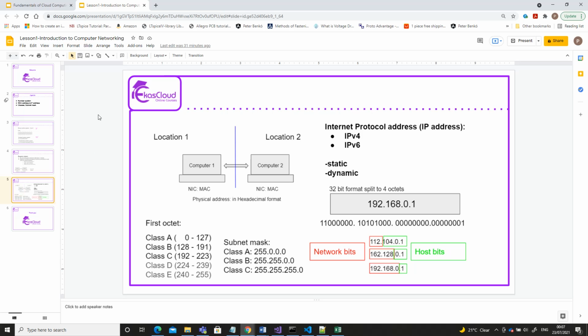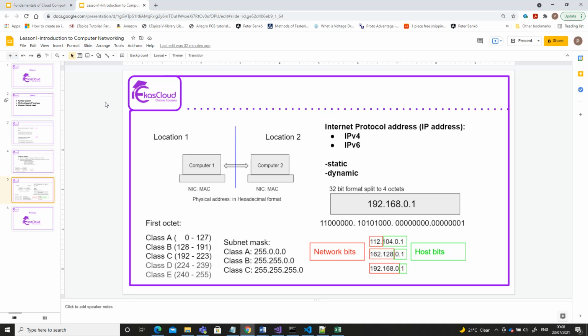This is the number we will use to add extra information to the computer to recognize which part of the IP address is the network bit and which is the host bit.